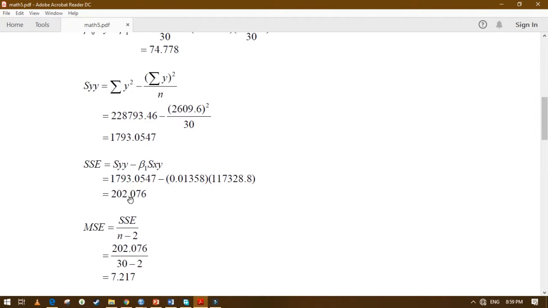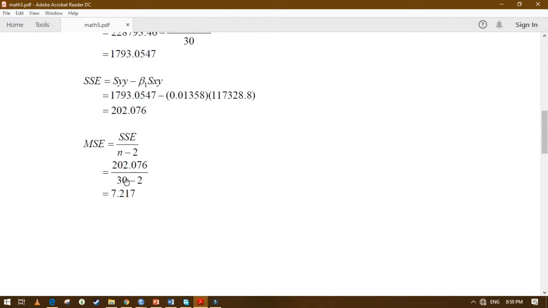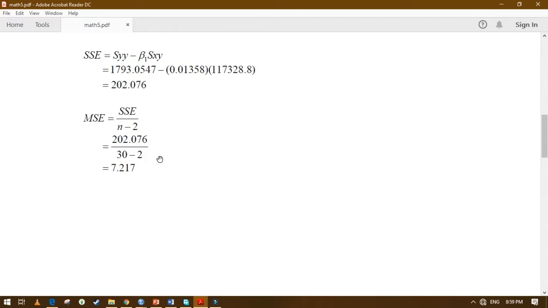And then for SSE, the formula is SYY minus beta 1 multiplied by SXY. After inputting the numbers into the formula, we get 202.076. For MSE, the formula is SSE divided by n minus 2, and then we will get 7.217.